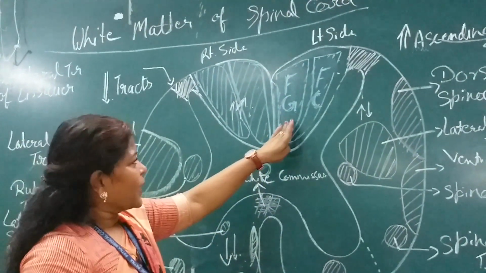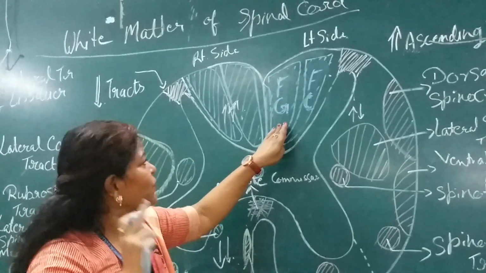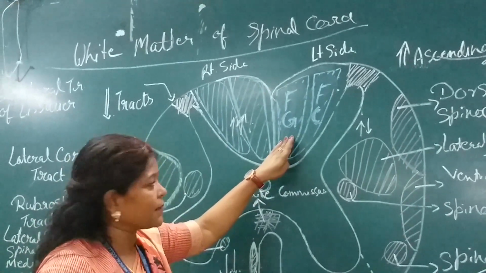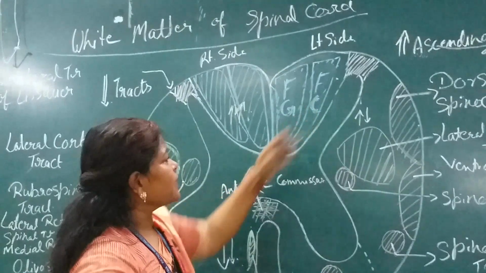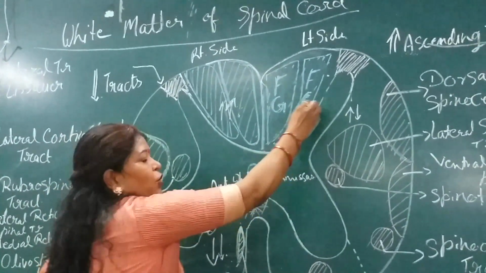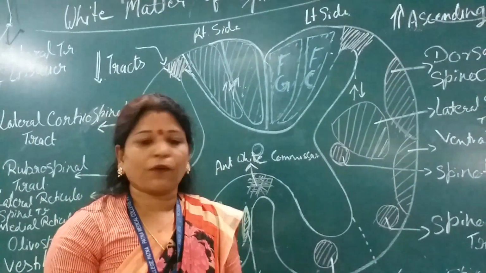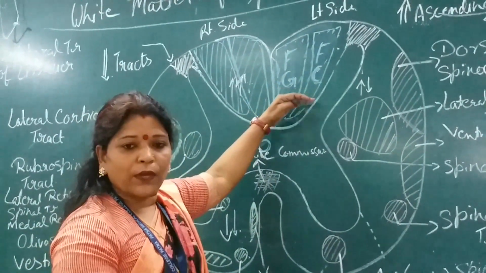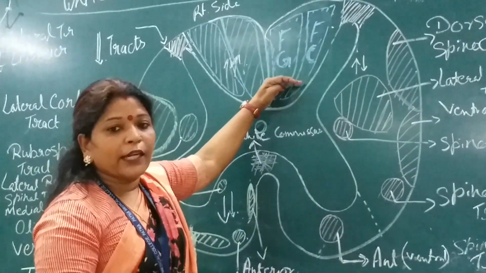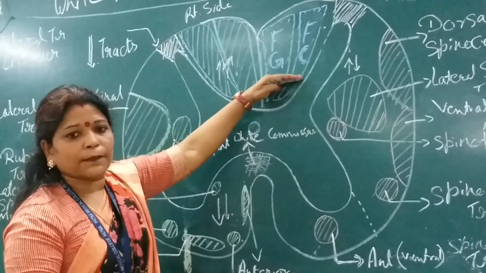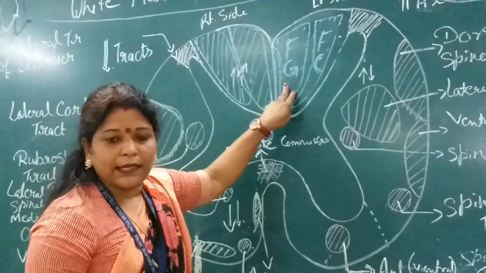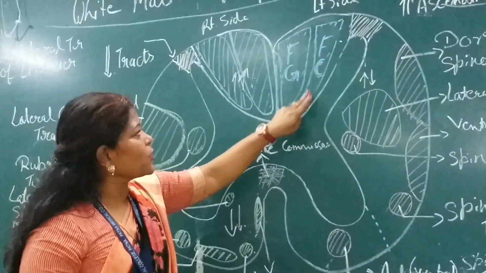It is fasciculus gracilis. Very good. Lateral to that, it is the fasciculus cuneatus. So whatever sensation I have enumerated for this column or funiculus will be carried by these two tracts, fasciculus gracilis as well as fasciculus cuneatus.